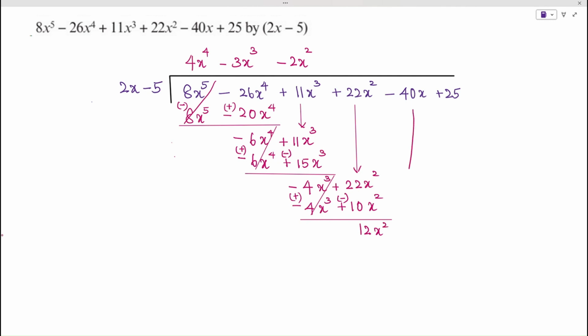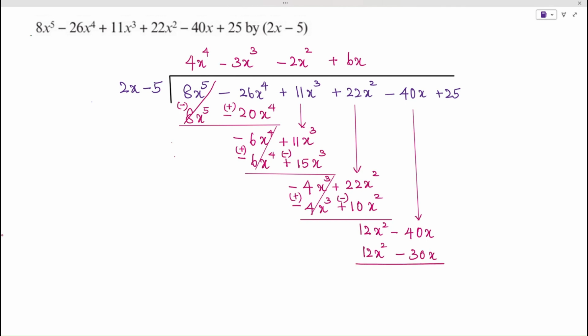We bring down our next term, so we have 12x squared minus 40x. Now 2x multiplied by 6x gives us 12x squared, and minus 5 times 6x is minus 30x.